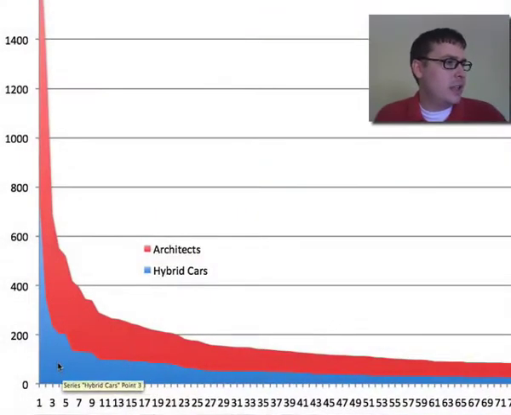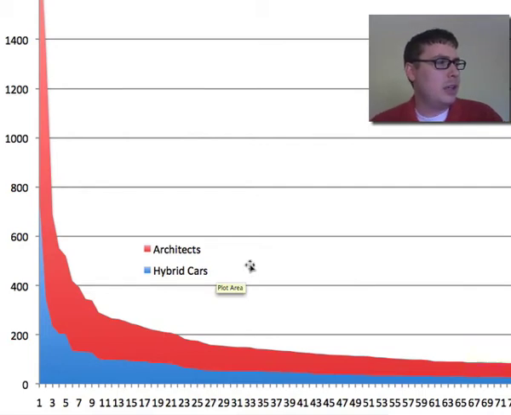the distribution here. So you can see that in the blue here, the hybrid cars, a lot of the search volume is in the top term there. And for clarification, I've got searches on the y-axis, and the x-axis is simply the top 100 terms.